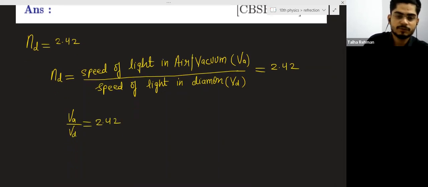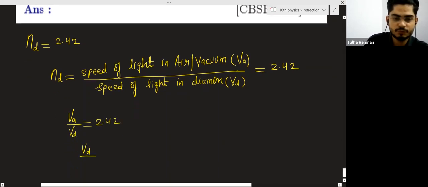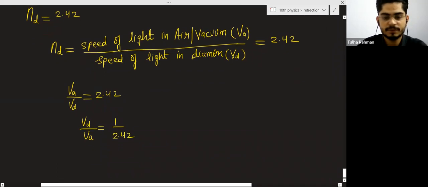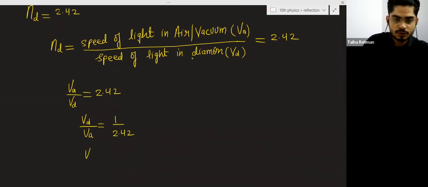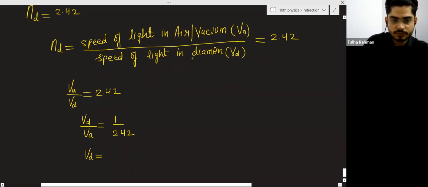Now from here you can calculate VD by VA. You will get 1 divided by 2.42. So VD equals VA divided by 2.42.